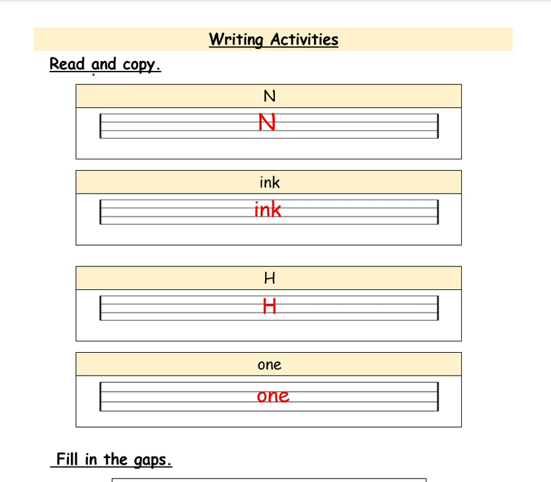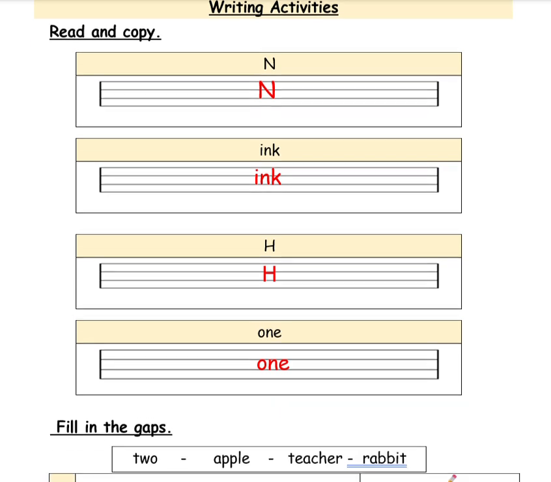So you have to read and copy. We have the letter N, you have to copy it this way, the right way, between the lines. And also we have here ink, H, 1. So wherever the word, you have to write it with good handwriting. Okay, let's move on.